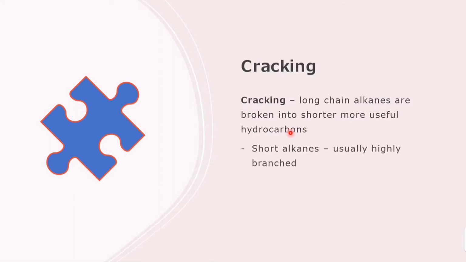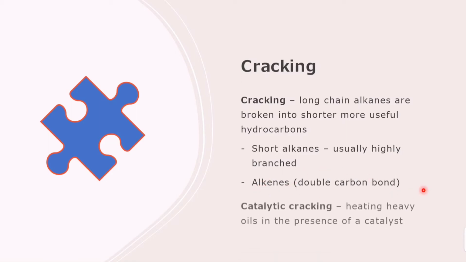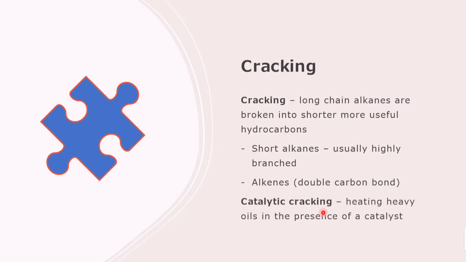And these useful hydrocarbons can be shorter alkanes, which are usually highly branched, or they can be alkenes, which contain a double carbon bond. And catalytic cracking is when we're heating our heavy oils in the presence of a catalyst, meaning we speed up the cracking process.